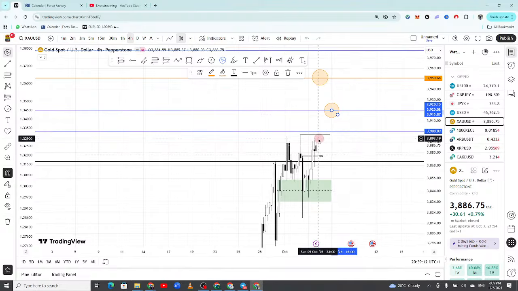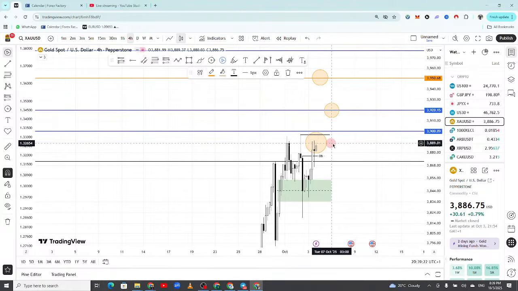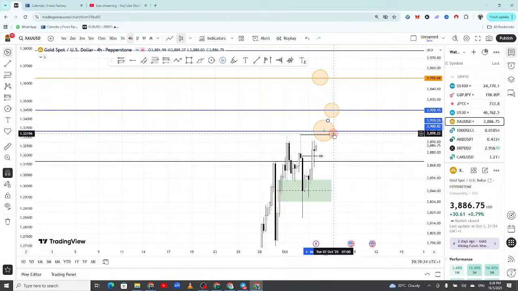I don't know, we can see just wick this 3,900 and then start getting a reaction from there. But we are going to trade this one live, so we have to watch it together.